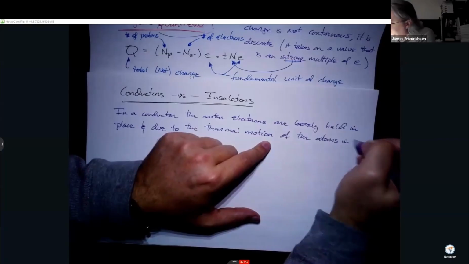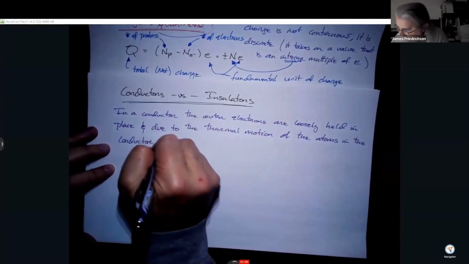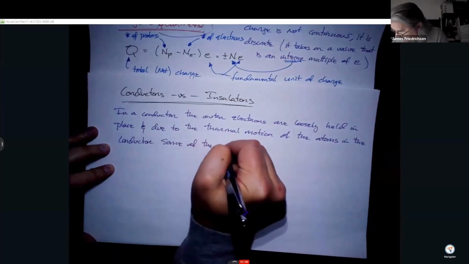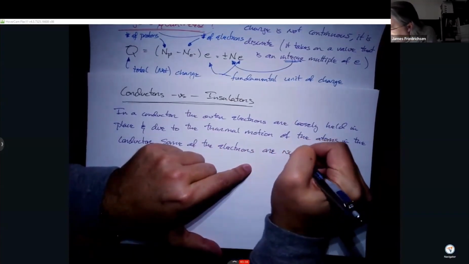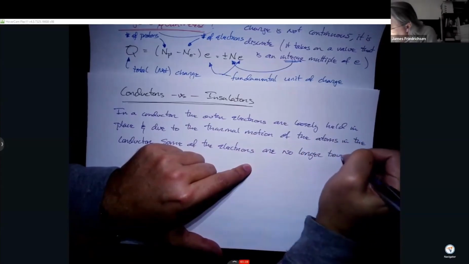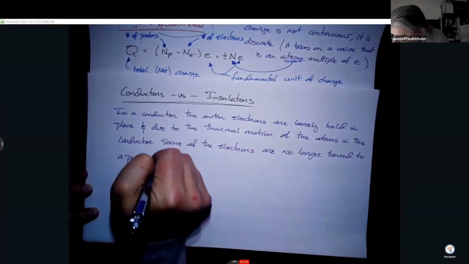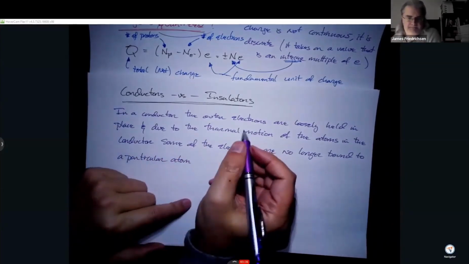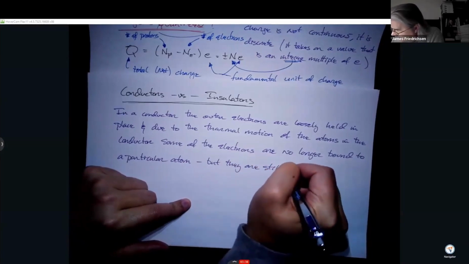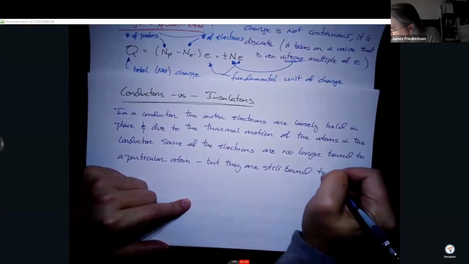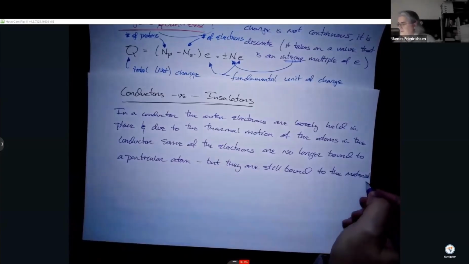And so what we can talk about is due to the thermal motion of the atoms in the conductor, some of the electrons are no longer bound to a particular atom. Still bound to the material.